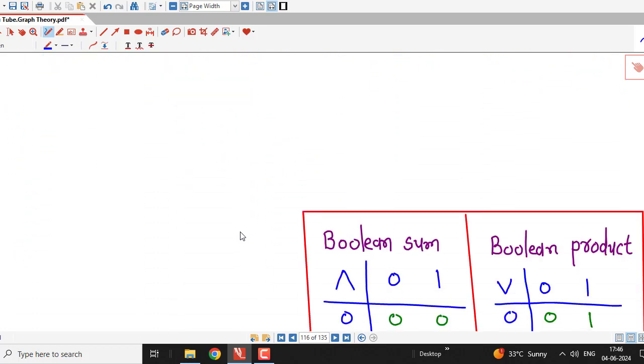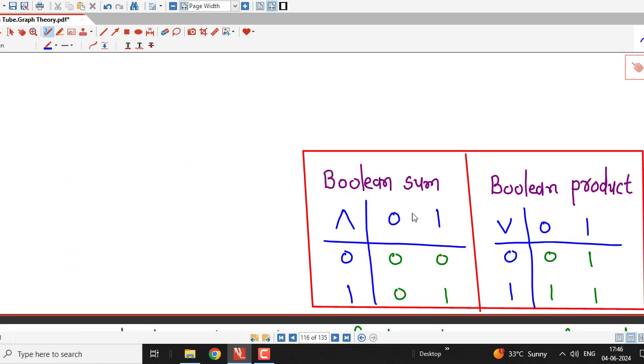Before that, we recall these operations which are called Boolean sum and Boolean product for 0 and 1. Whenever we have AND, if we have 1 and 1, then only we will get 1, otherwise we will have 0.